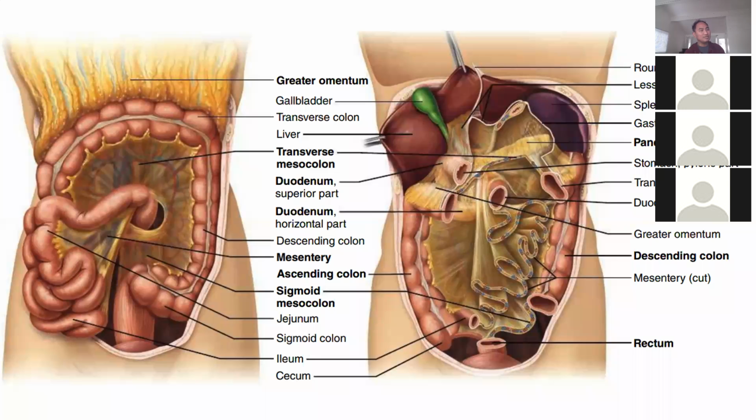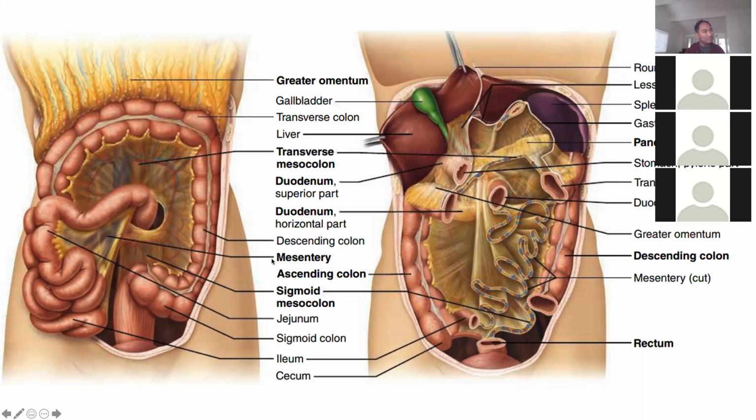Okay, so let's keep going through a few more slides before we take a break. So keep looking at that. This is the omentum. Now we have lifted up the greater omentum, and you can see the mesentery here.